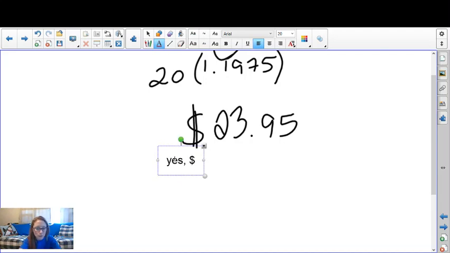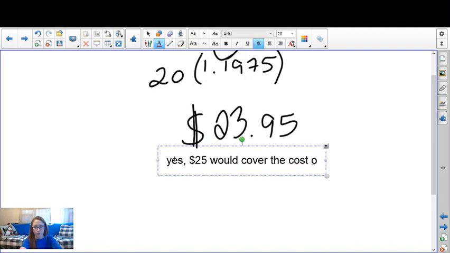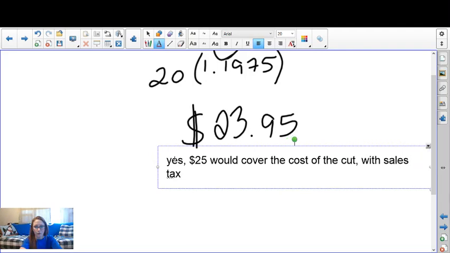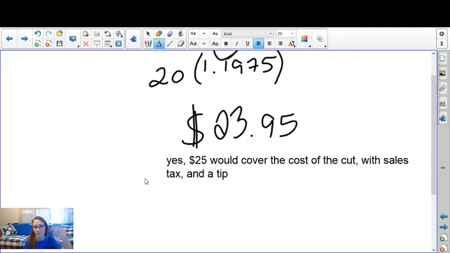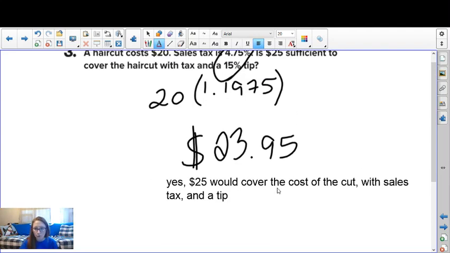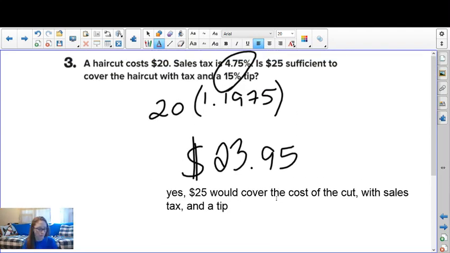Yes. $25 would cover the cost of the cut, the tip, and the sales tax. So yeah, $25 would cover the cost of the haircut, the tip, and the sales tax.